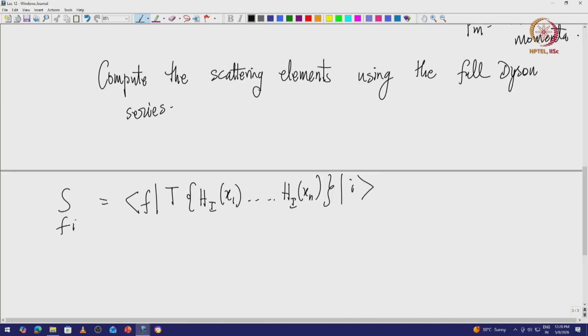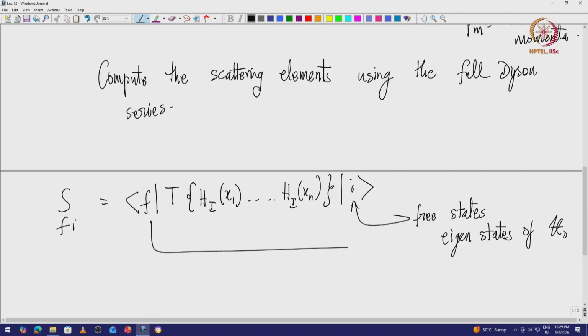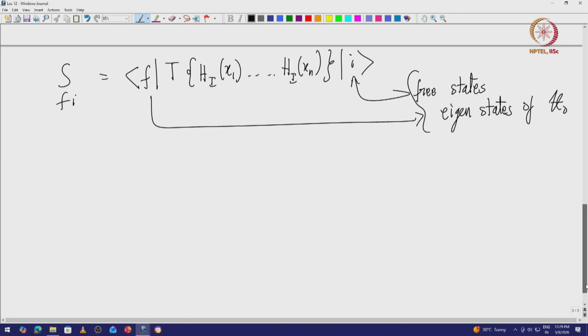So we want to compute, say, beyond the leading order. So we want to put in insertions of the interaction Hamiltonian, where I and F again are the in and out states, and these are your free states essentially. So I and F, both of them are eigenstates of H0, but H_I is in the interaction picture essentially.